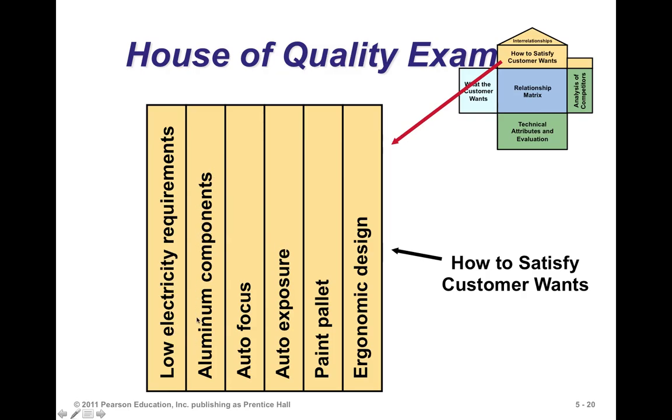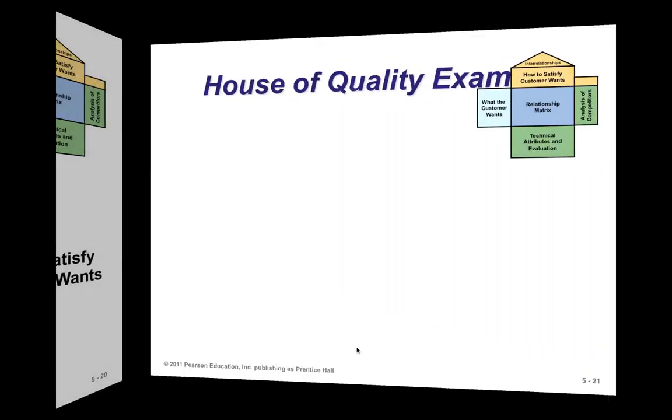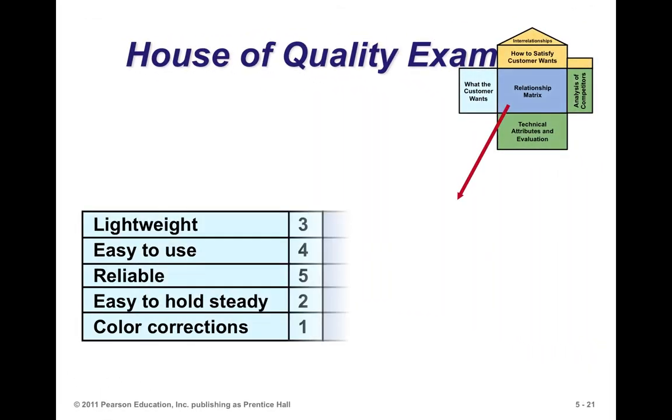We'll use aluminum components, which will allow it to be light. Autofocus and auto exposure really support the ease of use concept. The paint palette supports the color correction, and the ergonomic design makes it relatively easy and functional to use. So these are some of the hows.